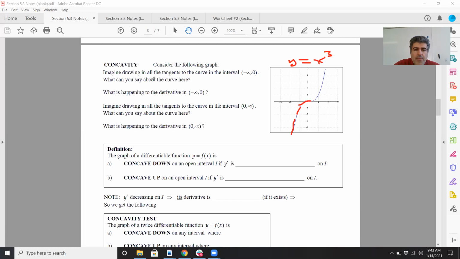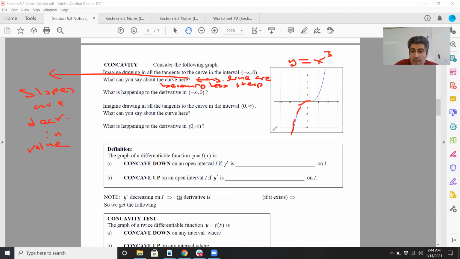We could say that the tangent lines are becoming less steep. In fact, the slopes are decreasing in value, right?